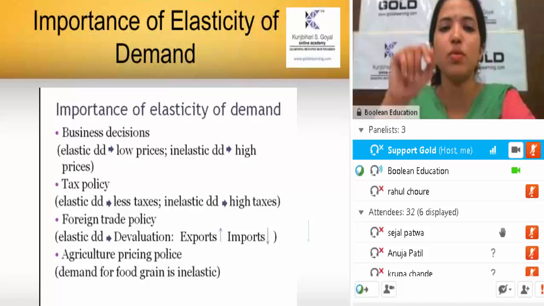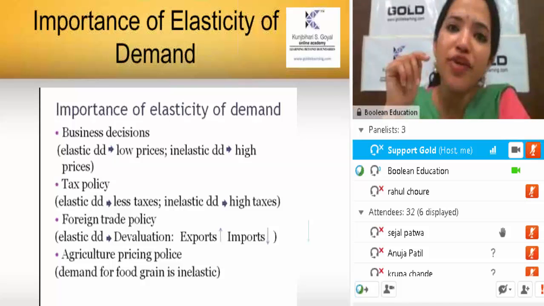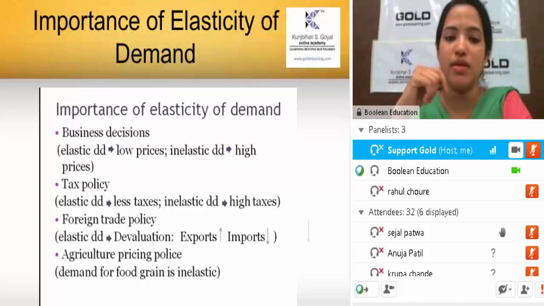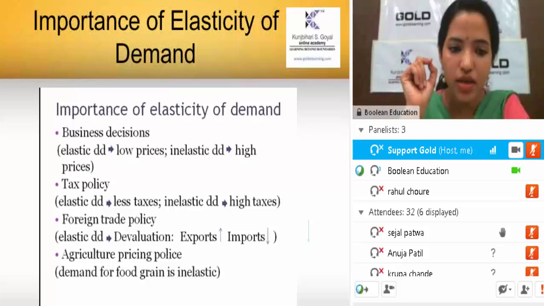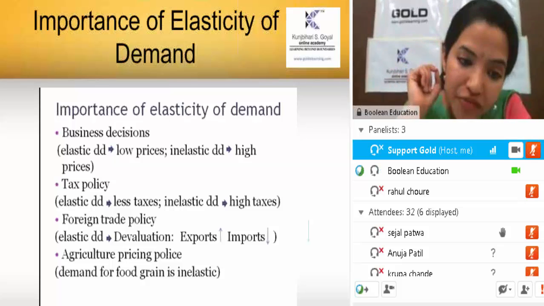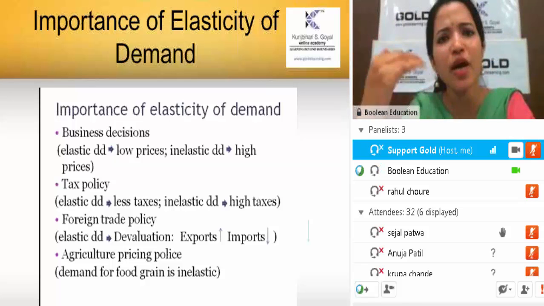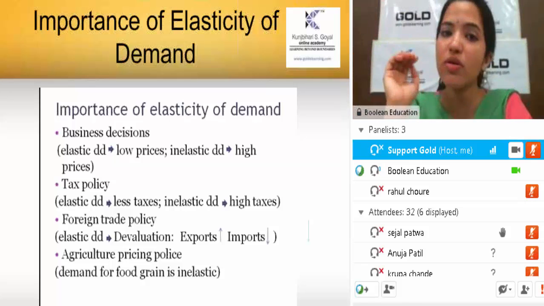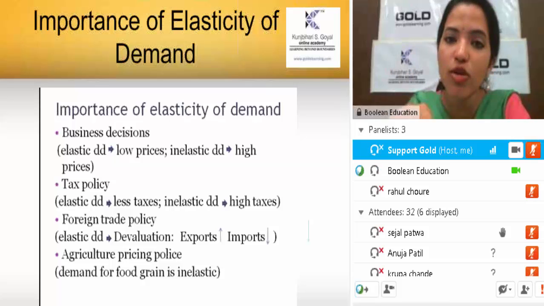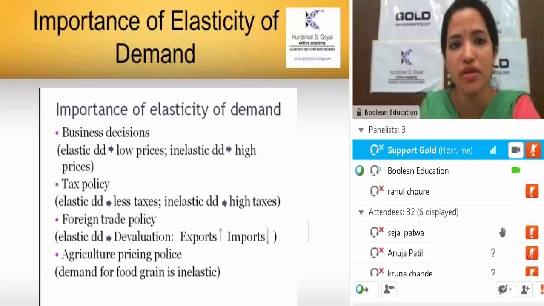Due to this reason, why do you find this India में farmers are poor? This is the reason. Yes, why? Because the demand for food grain is inelastic. Price में कितना भी ऊपर नीचे हो जाए, you are not going to change your demand. That is the whole point. Why the farmers are poor here.